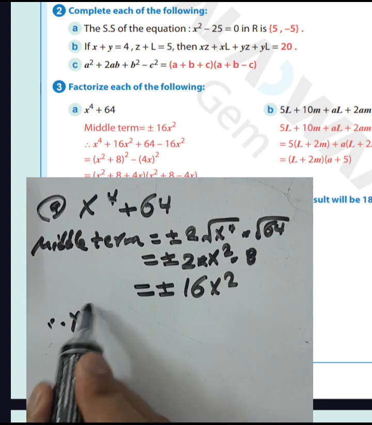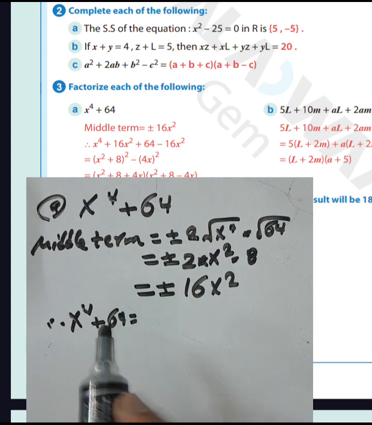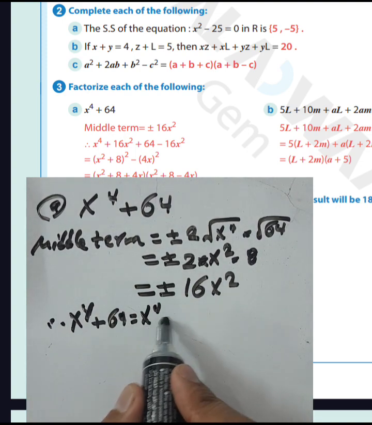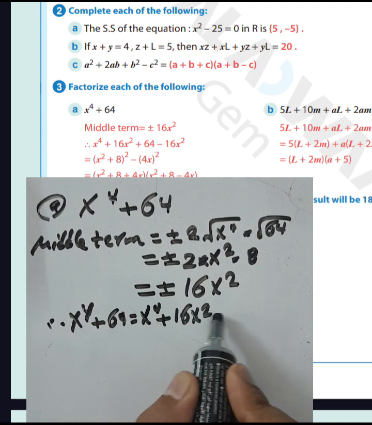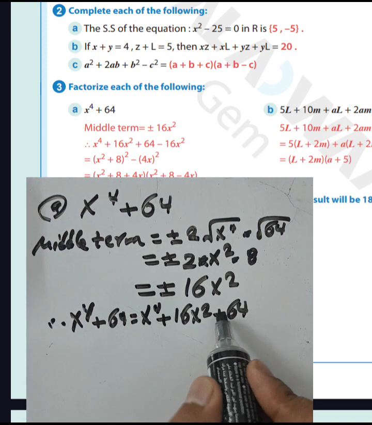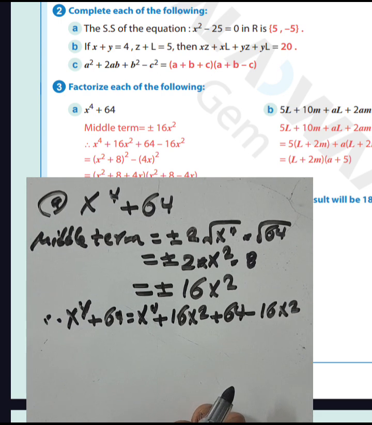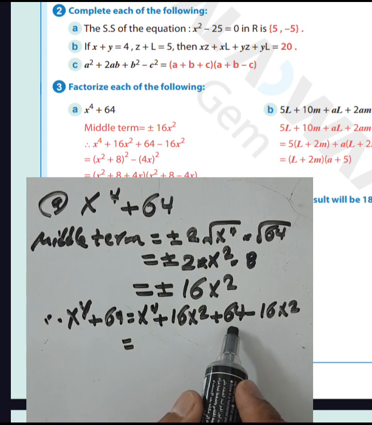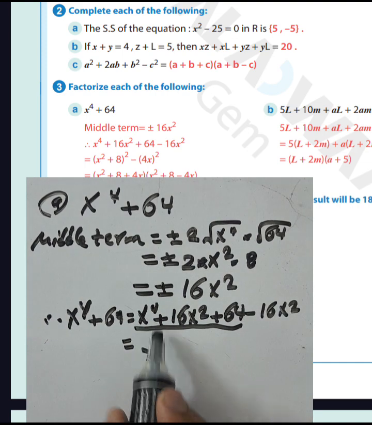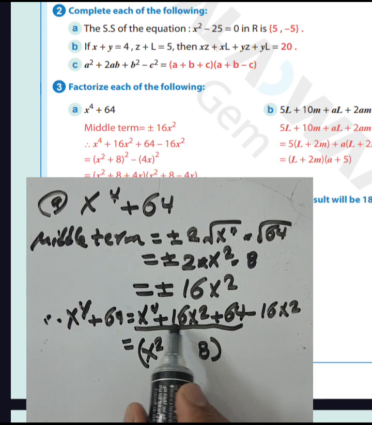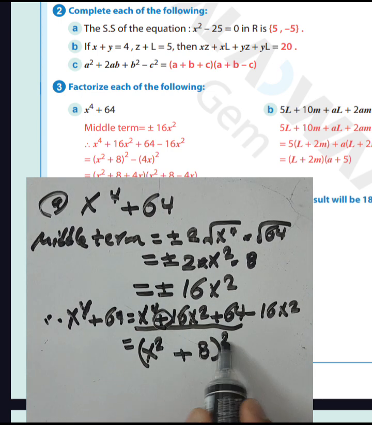Then x power 4 plus 64 will equal x power 4 here, write plus 16 x power 2 plus 64 subtract 16 x power 2. And then you can write this expression: the square root of the first, the square root of 64 which is 8, write the sign here positive and write power 2 outside.